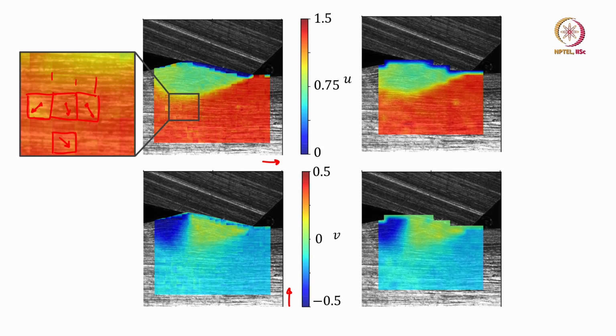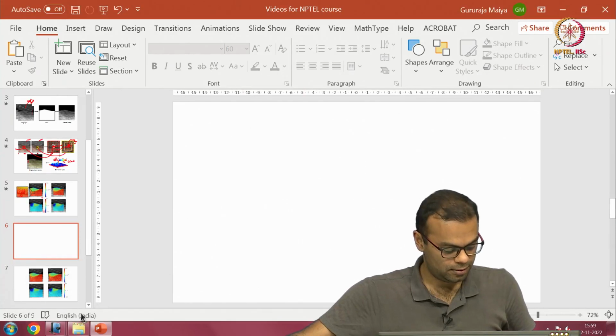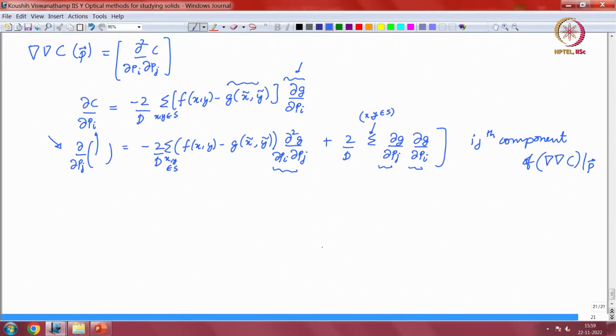So, that really constitutes the basic set of things that you will do for getting a typical displacement field, typical strain field. Now, the strain field is analogous. I am not going to show you that here, but the methods for evaluating the strain fields are analogous.